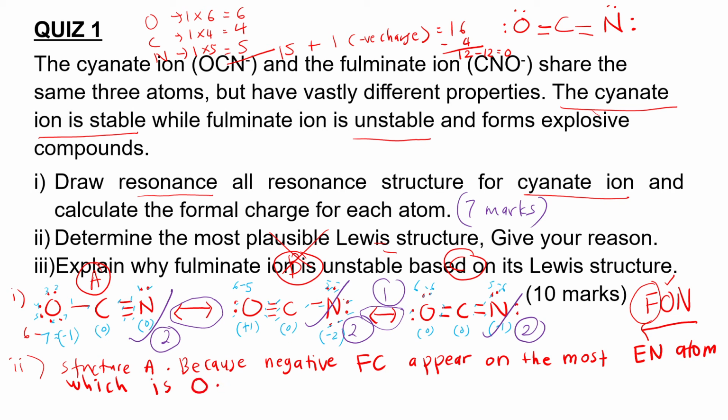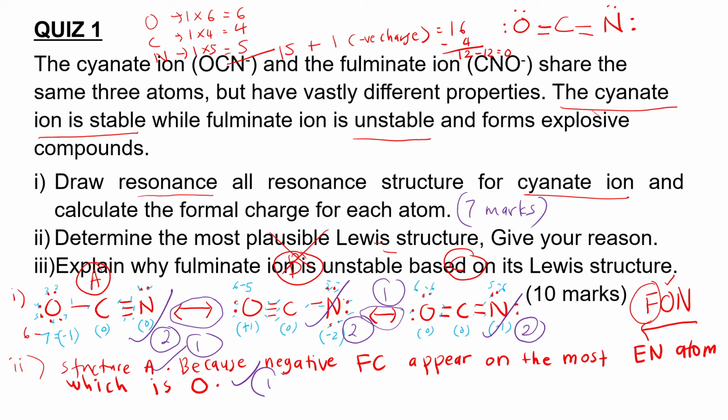So here we have 2 marks: 1 mark for choosing the correct structure, another mark for the reason. Because negative formal charge appears on the most electronegative atom, which is oxygen.